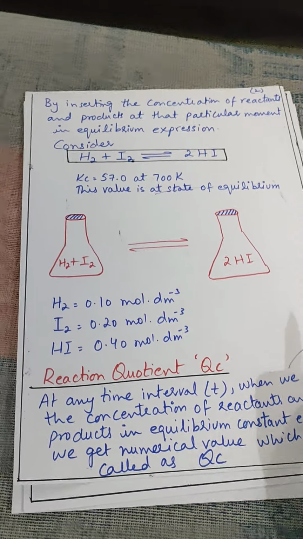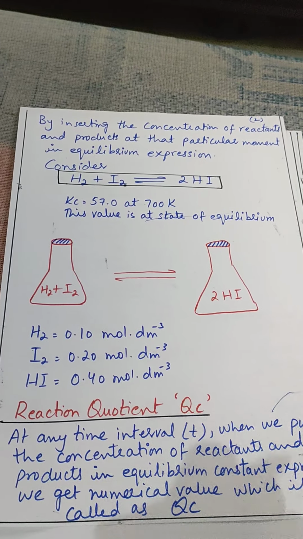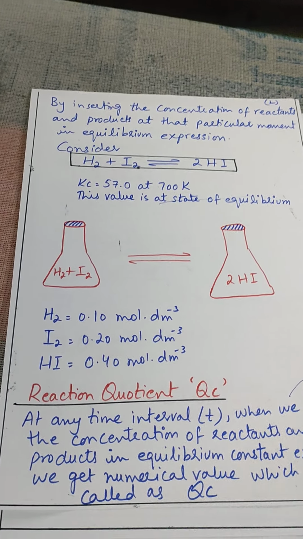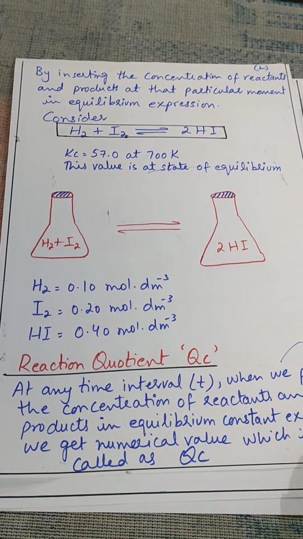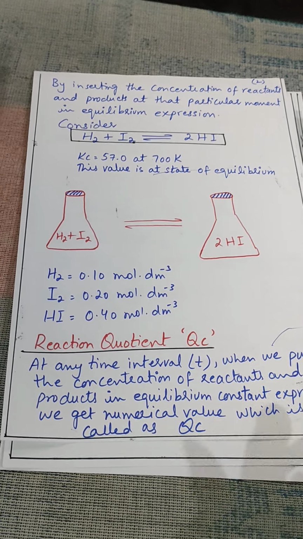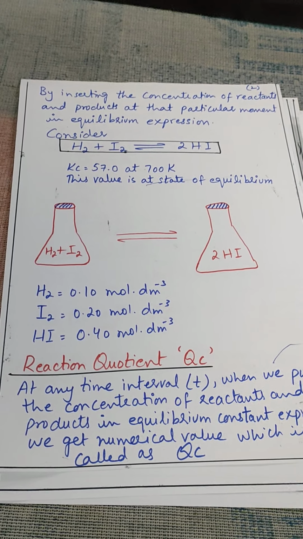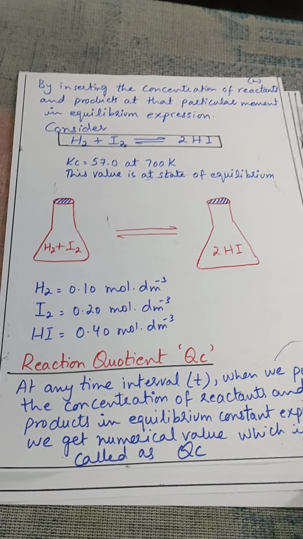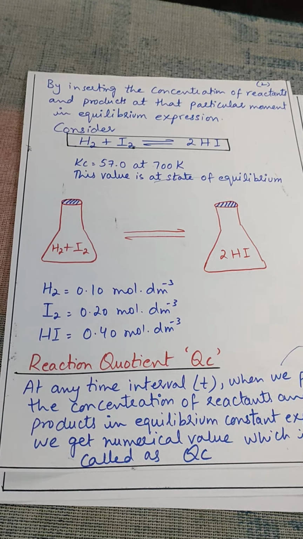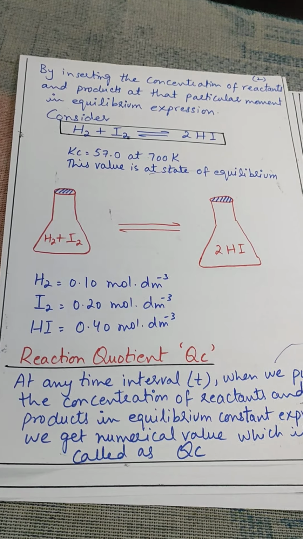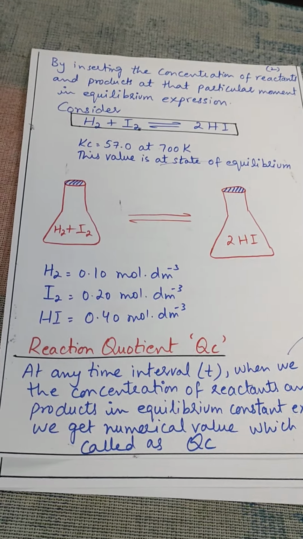So here I have mentioned the example by inserting the concentration of the reactants and products at that particular moment in the equilibrium expression. Here I am selecting the reaction between hydrogen and iodine. It results in the formation of the product, hydrogen iodide.